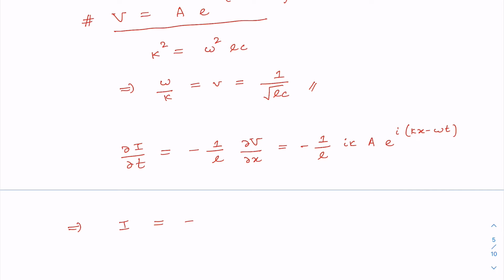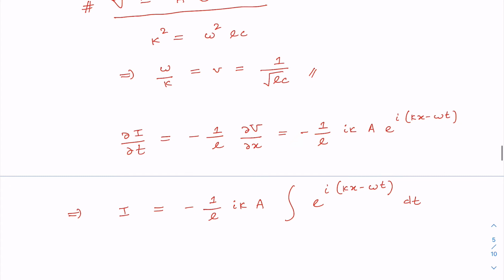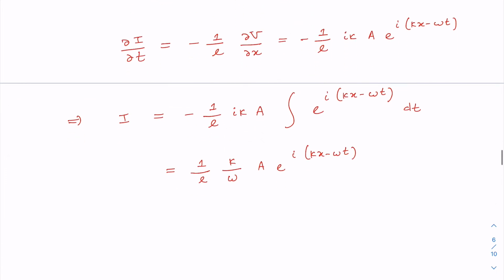So I will have minus 1 by L, let me first write the integral, ik A integration of e^(i(kx − ωt)) dt, and if I do the integration, I am giving you a very simplified approach here, you will get k by ω A e^(i(kx − ωt)).